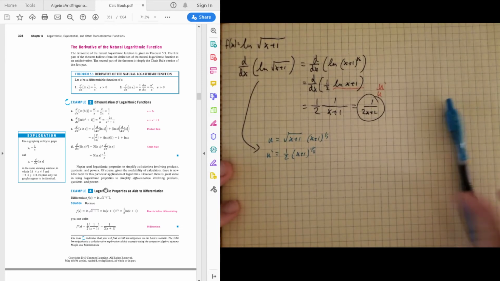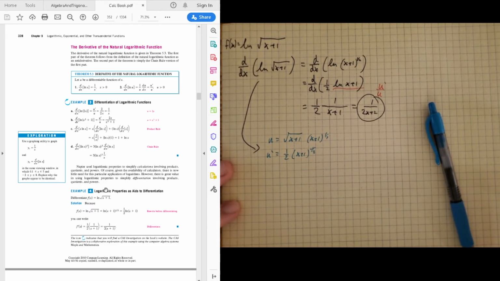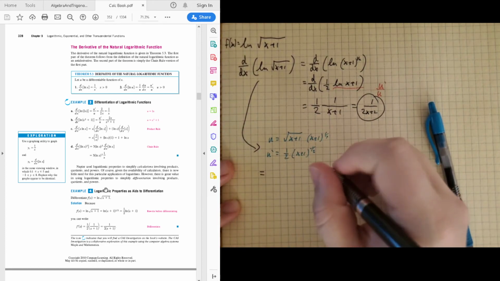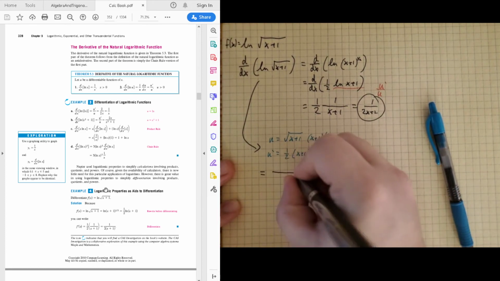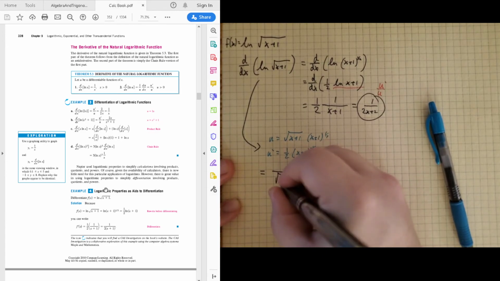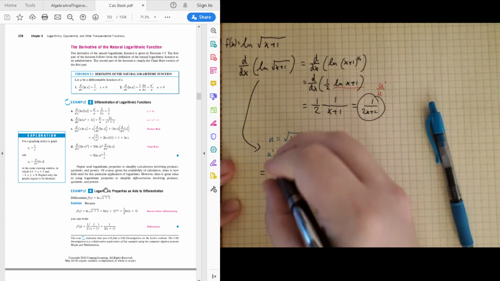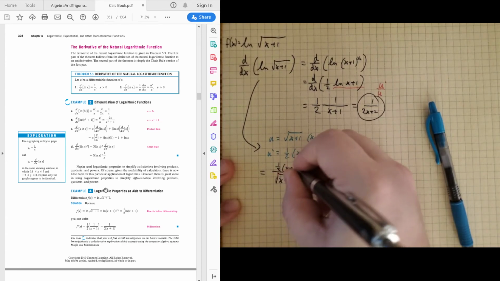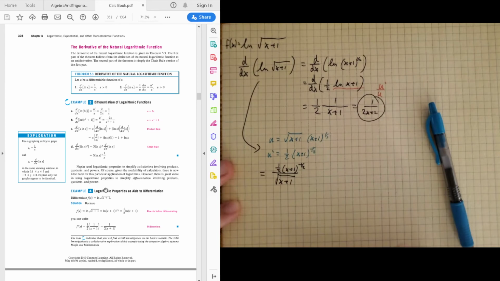Okay, so if I was to rewrite this function, this derivative is equal to, so u goes on bottom, so that would be the square root of x plus 1. And on top would go the u prime, which is 1/2 x plus 1 to the negative 1/2.